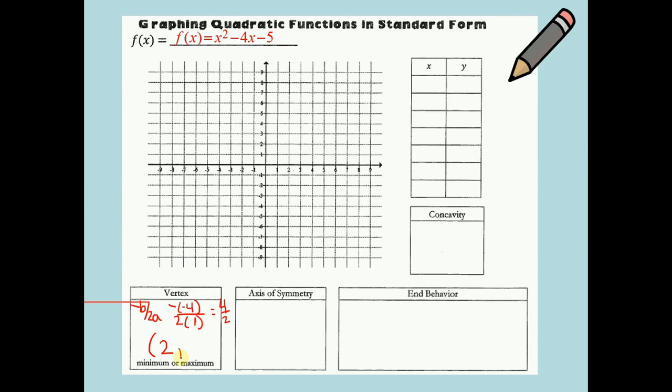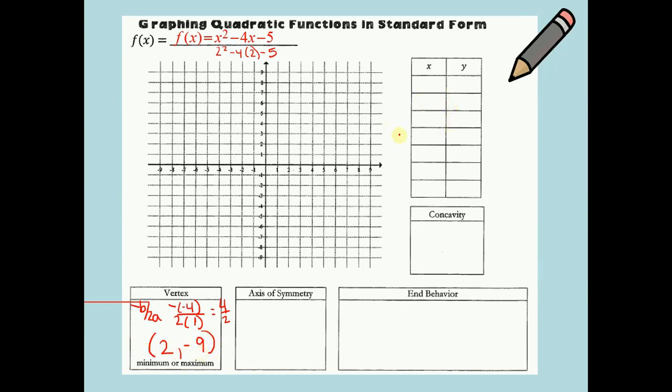So my x value of my vertex is 2. To get my y value, I'm going to take that 2 and plug it into this equation. So I'm going to get 2 squared minus 4 times 2 minus 5. So 4 minus 8, it's -4, minus 5, -9. So I'm going to have a point for my vertex of 2, -9.